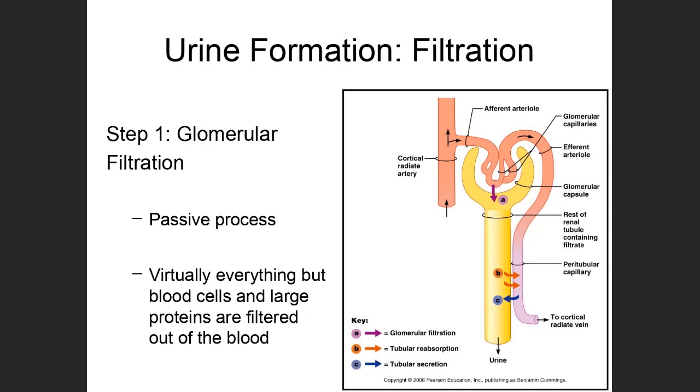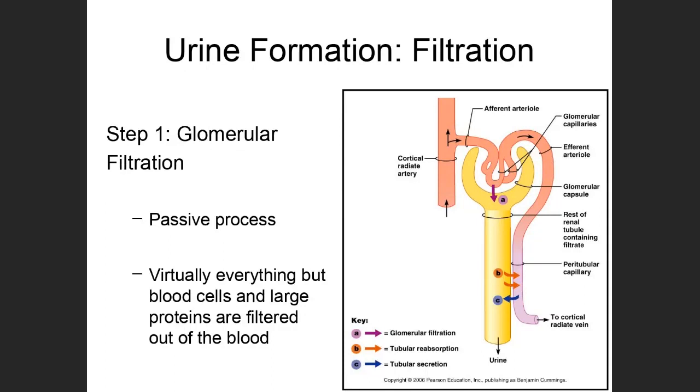But there's something that's very specific that's going on with the afferent and efferent arteriole that allows this process of filtration, where things are being pushed out of the blood into the renal tubule, to occur as a passive process.